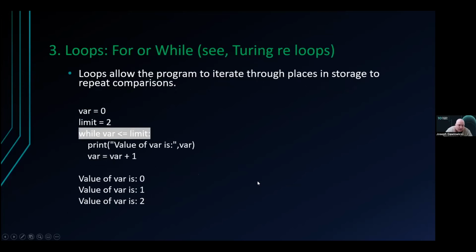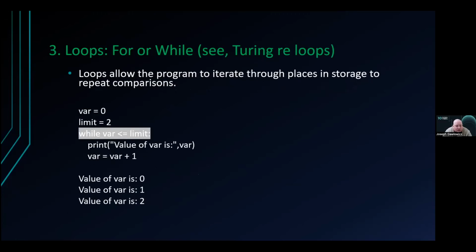Looping, again, going over something to save time and to save energy. So again, in this case, building on the concepts we had before, var equals 0 and limit equals 2. So we have a variable with a 0 stored in it, and we have a limiter with 2 stored in it. Now, again, these examples are meant to be simple so you understand the concepts.